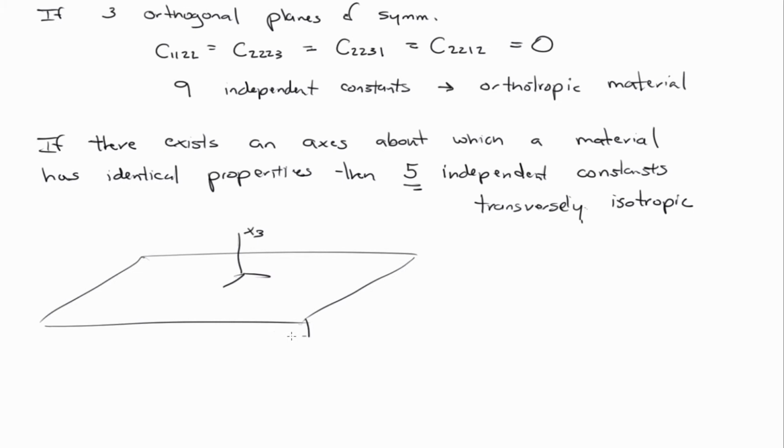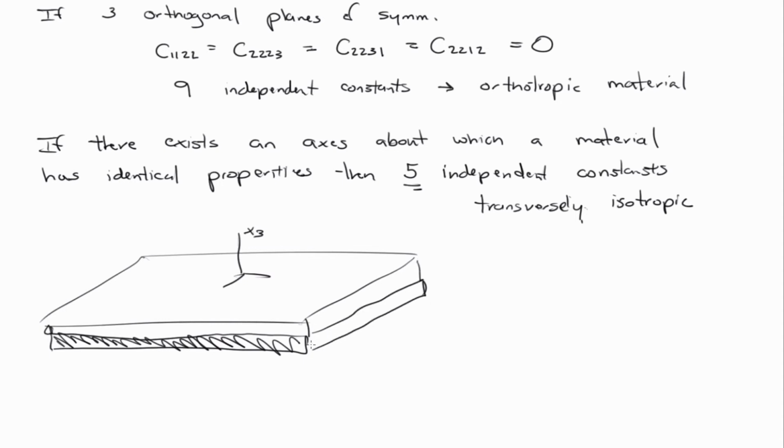So a good example of this would be like a composite material. So if you had, say, a material that was a sandwich of, you know, hard and soft layers in the plane, something like this, right?